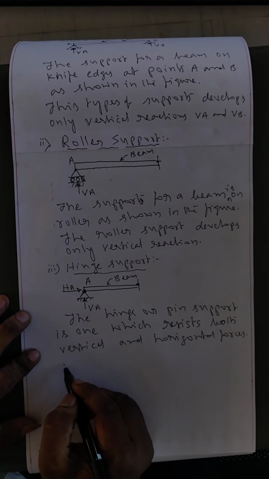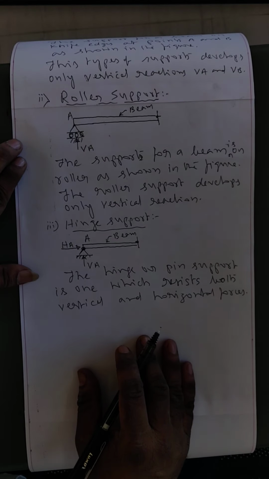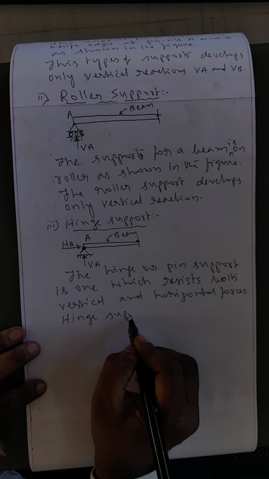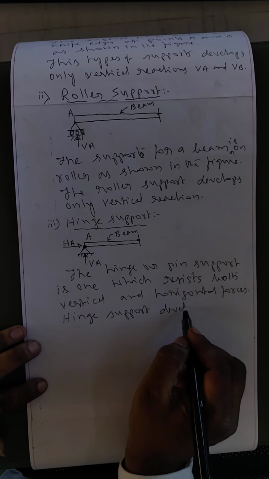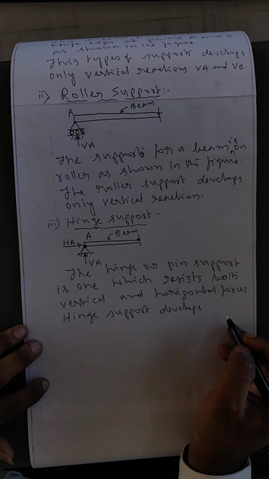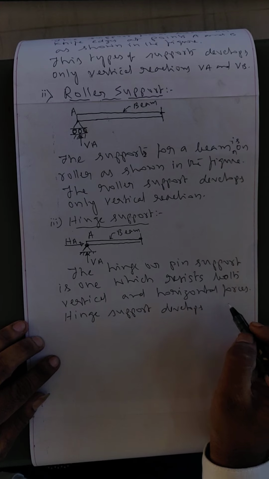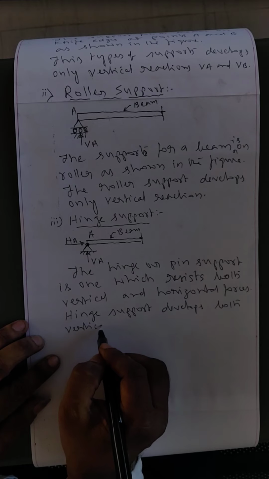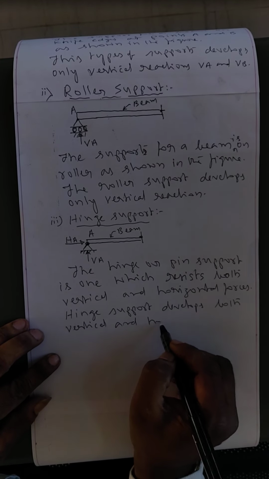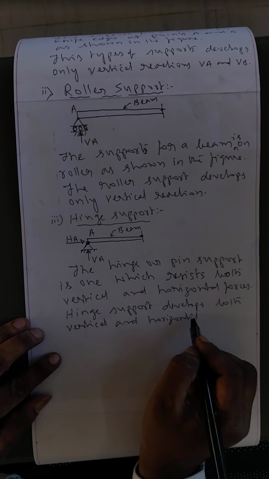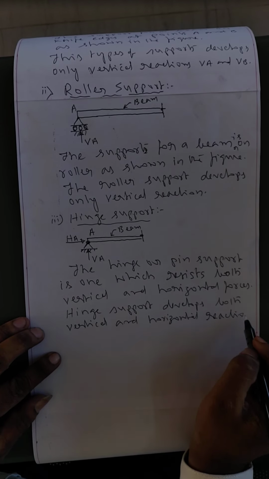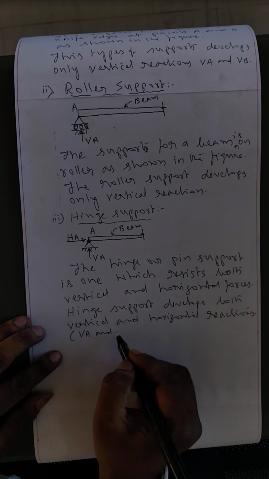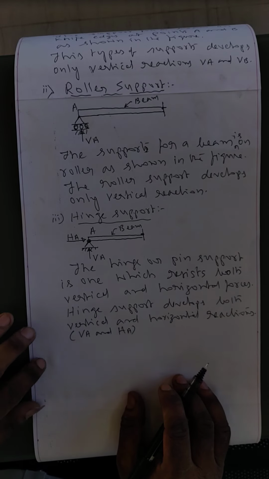Hinge support develops both vertical and horizontal reactions, that is VA and HA for the above figure.